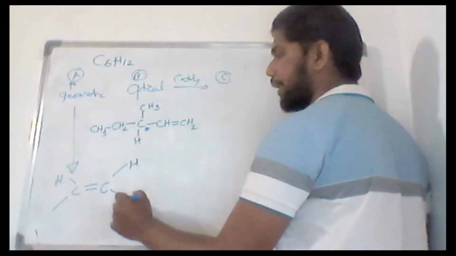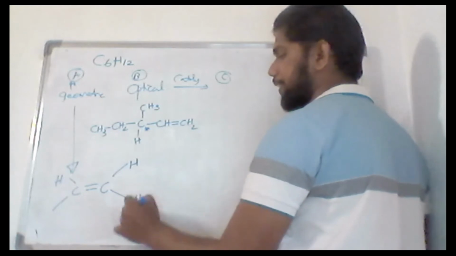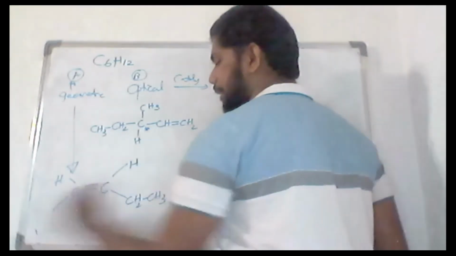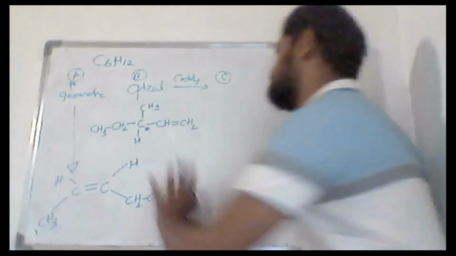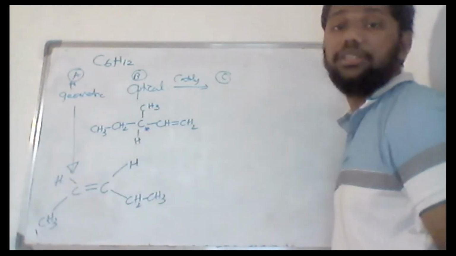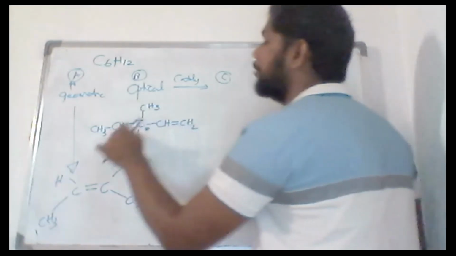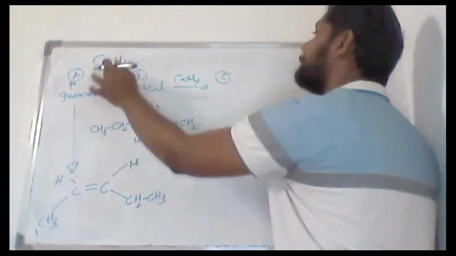So here I can put CH2, CH3, and here 1, 2, 3, 4, 5, CH3. Now this is acceptable if the methyl group is not a substituent. For an example here 1, 2, 3, 4, 5, and methyl is a substituent which makes this methylpentene.